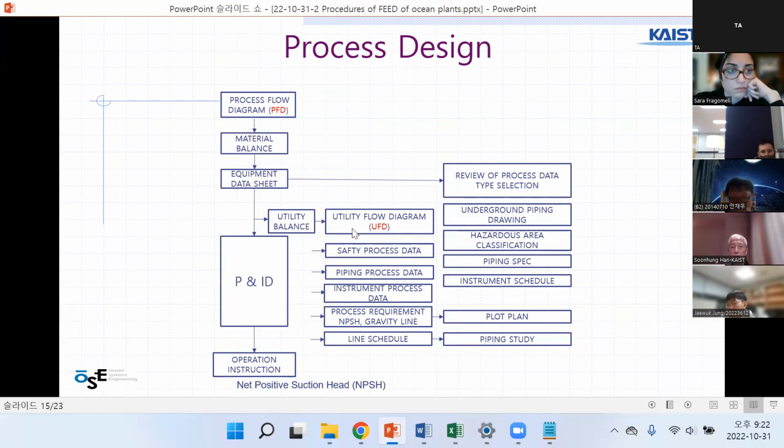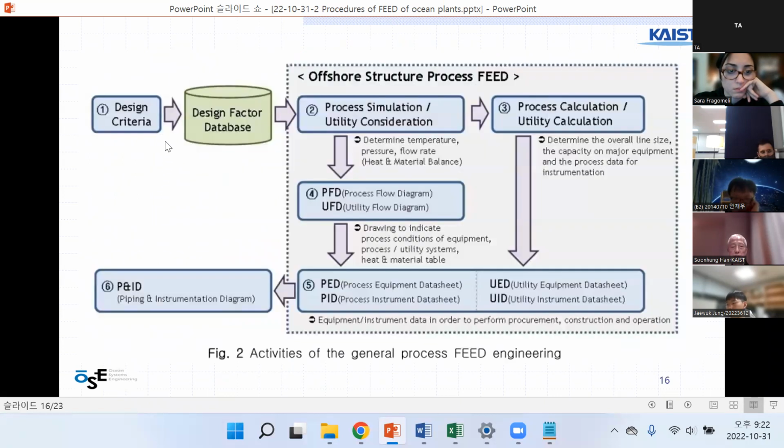And utility flow diagram and safety process data, piping process data, that are all related with PNID. PNID is piping and instrumentation diagram. Okay. So we'll see what PNID is.